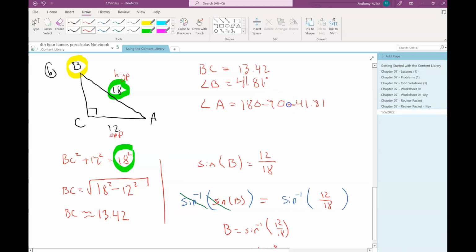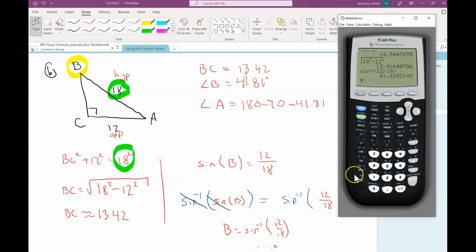Well, any triangle has 180, but yes, because we already know that angle C is 90 degrees. So Mackenzie, you could certainly do what you're describing, not incorrect. It will definitely work. I would do this just because the arithmetic is really trivial. Much less of a chance of me making a mistake. So 48.19 is my answer there.